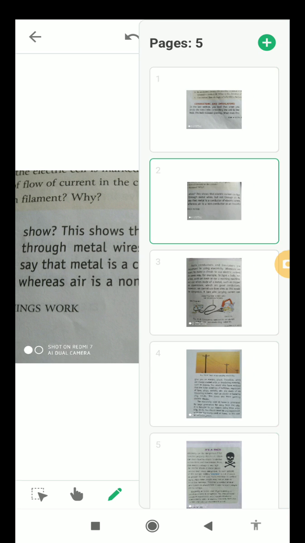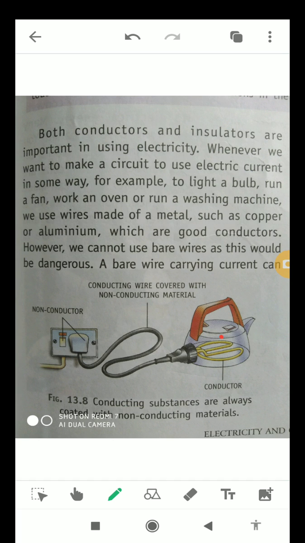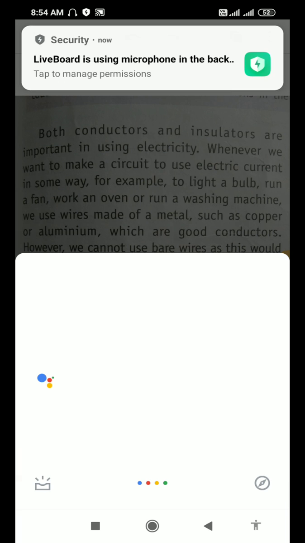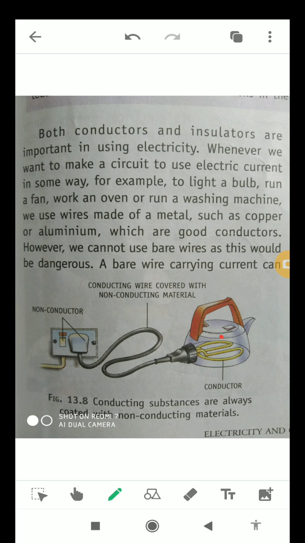Okay students, both conductors and insulators are important in using electricity. Whenever we want to make a circuit to use electric current in some way, for example, to light a bulb, to run a fan, work an oven, or to run a washing machine, we use wires made of a metal such as copper or aluminium, which are good conductors.